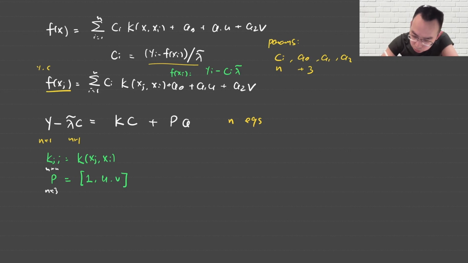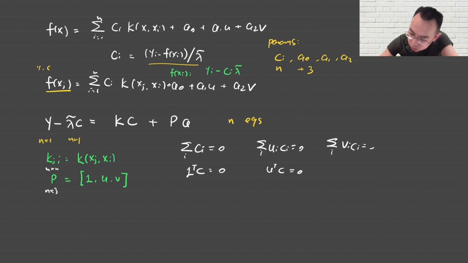We're just going to do it this way. The 3 additional equations you can add are the sum over i of ci equals 0, or 1 transpose C equals 0, and then the sum over i of ui ci equals 0, or U transpose C equals 0, and then the sum over i of vi ci equals 0, or V transpose C equals 0.